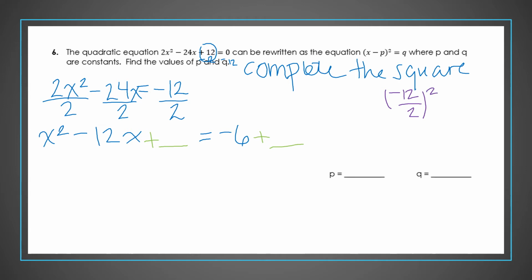So that becomes negative 6 squared, which is 36, and that is going to be the number that we add to both sides. It should always be positive. On the right side, I'm just going to combine the negative 6 and the 36, which is 30.